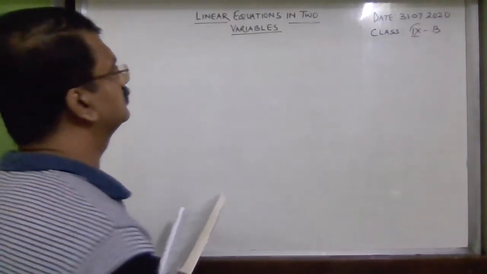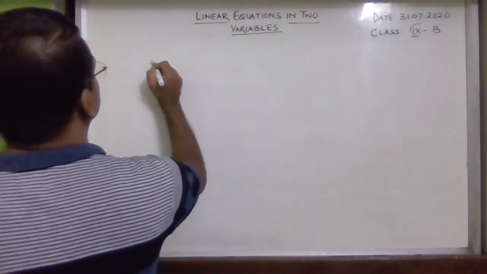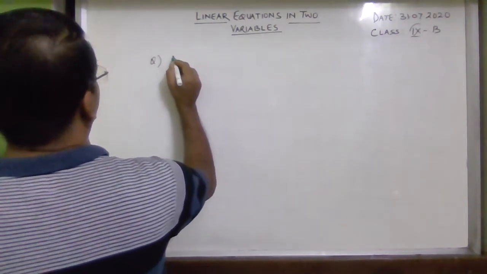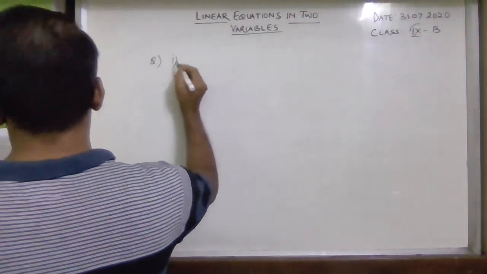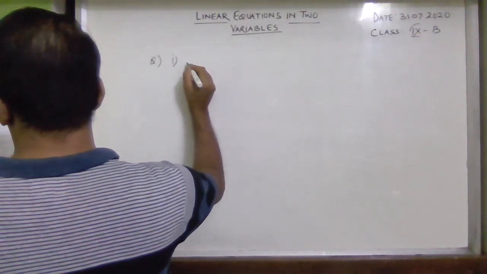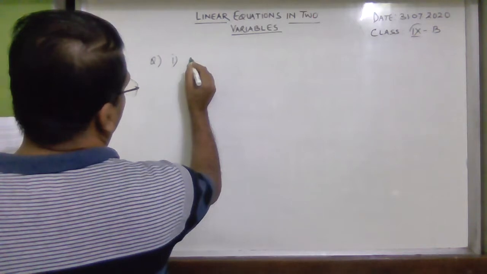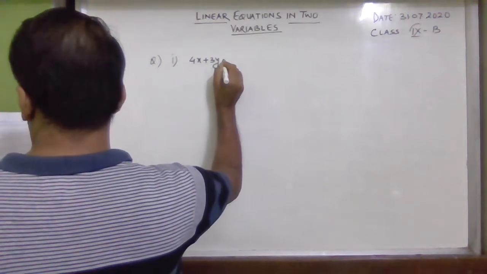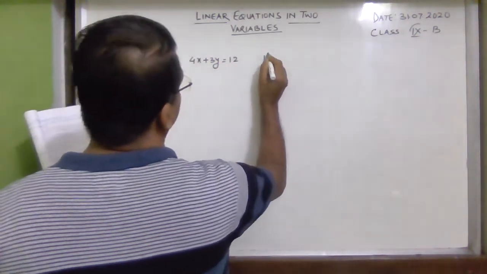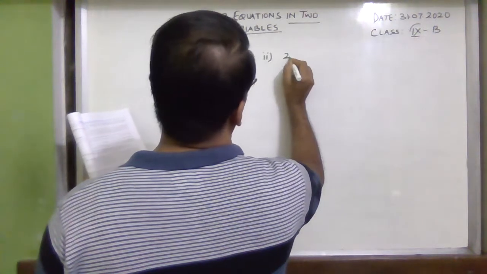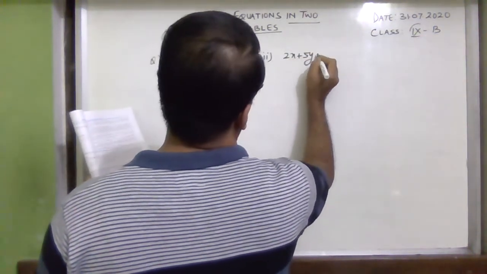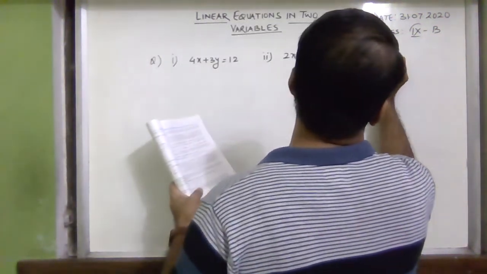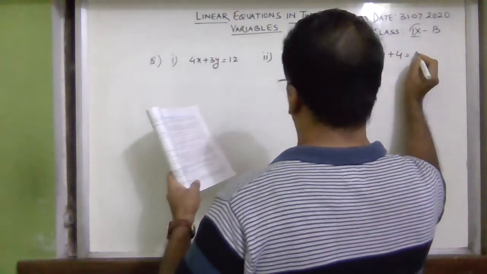Now the next example. They have given three different linear equations. 4x plus 3y is equal to 12. 2x plus 5y is equal to 0, and 3y plus 4 is equal to 0.